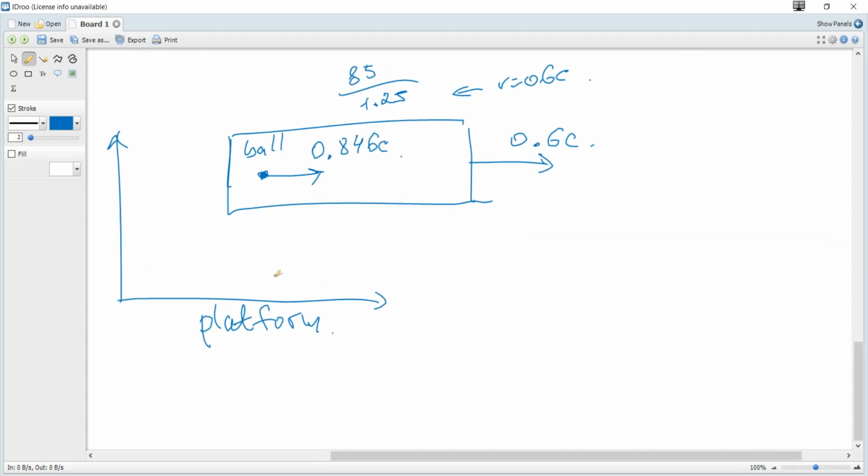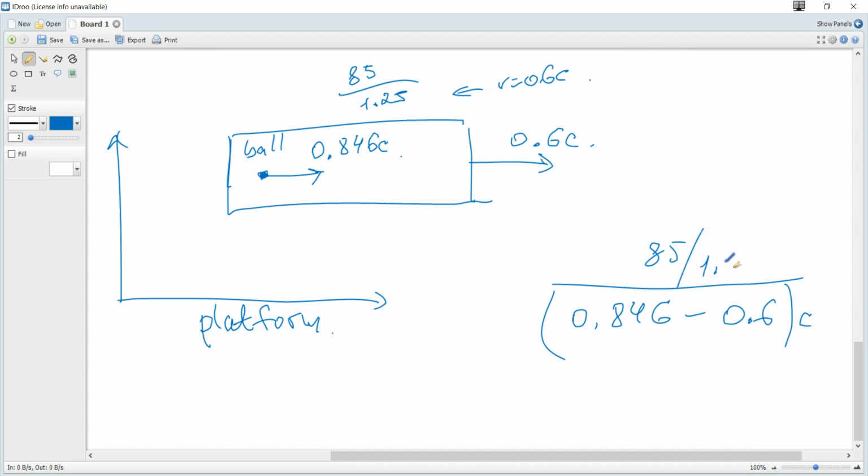And now for the observer on a platform, you can see that the ball will move with speed 0.846 minus c. It's clear because they are moving in the same direction, but the ball must travel a distance which is 85 divided by 1.25.